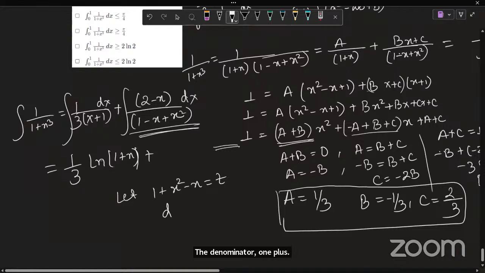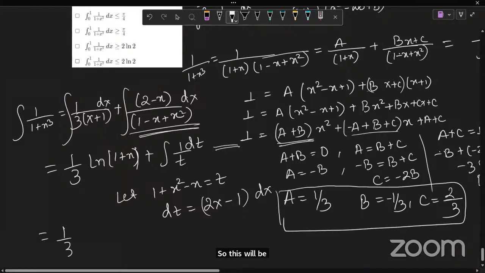So what will be our dt? 2x minus 1, right? So it will be the integration of 1 by t dt, and the numerator will be equal to dt.